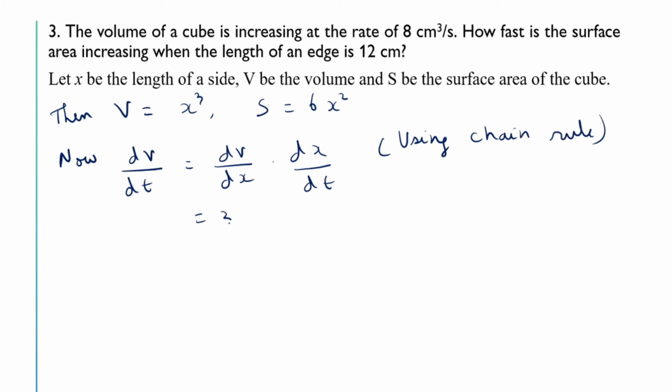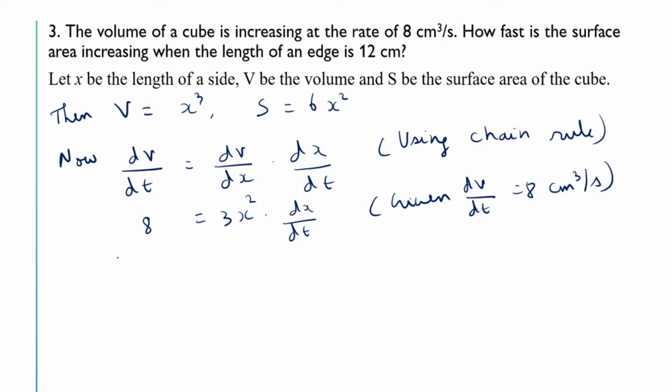So dV/dx is 3x², times dx/dt. It is given that the volume of the cube is increasing at the rate of 8 centimeter cube per second, which means dV/dt is 8. So from this we get dx/dt is 8 by 3x².